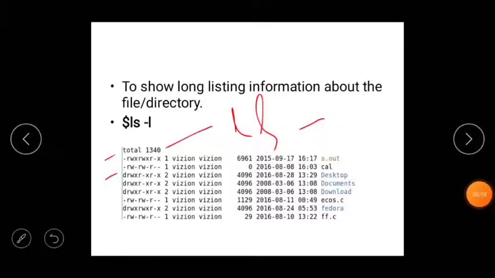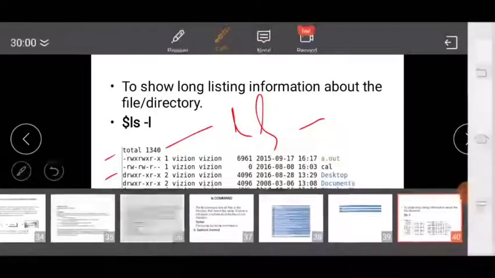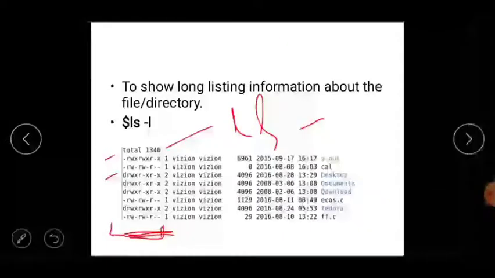Here you can see that this is the first part, the character field. This is one field, up to where? Up to here. This is field 1.